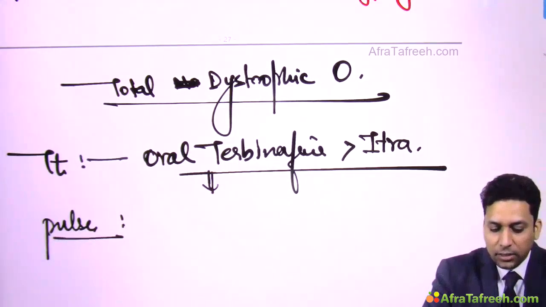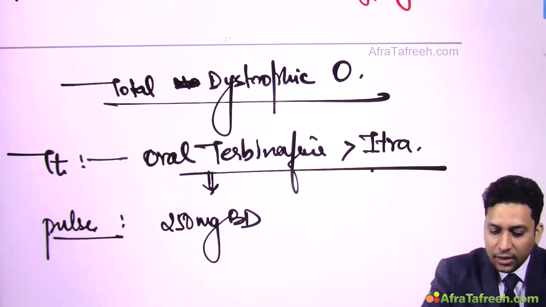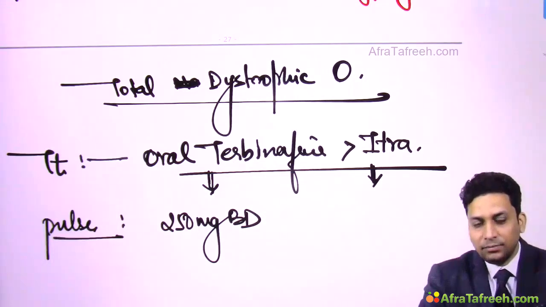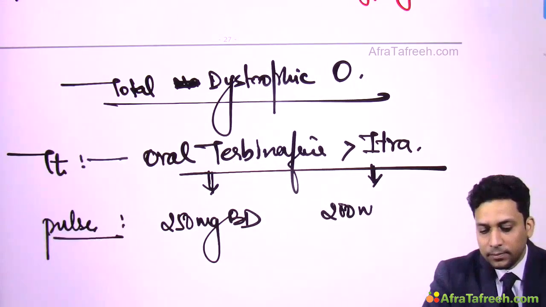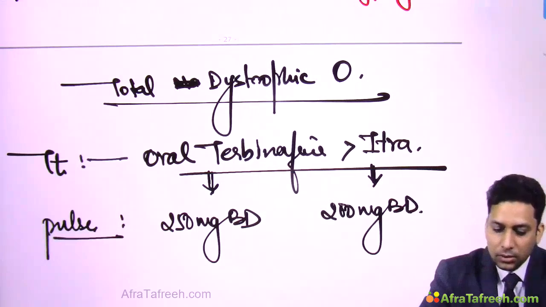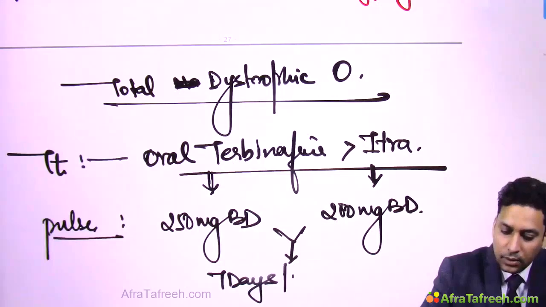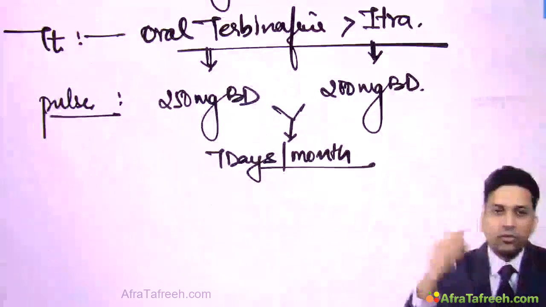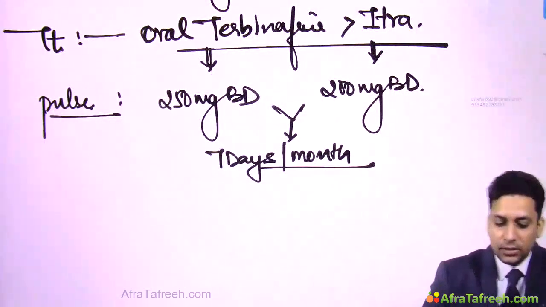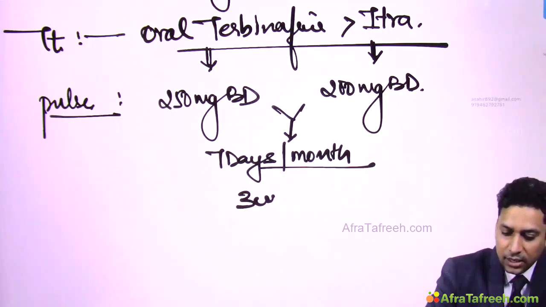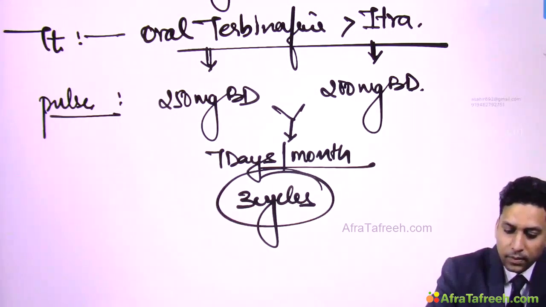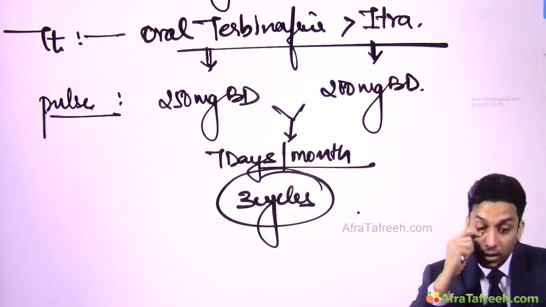That is, if you are using terbinafine 250 mg, instead of OD we give BD, and itraconazole we generally give 100 mg BD, here we give 200 mg BD. So double the dose for 7 days every month. So we are giving the drug for 1 week and then there is a gap of 3 weeks. At least 3 such cycles are given in onychomycosis.